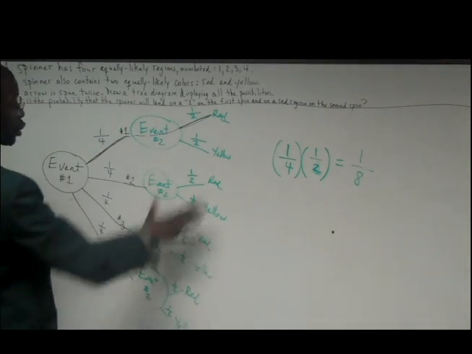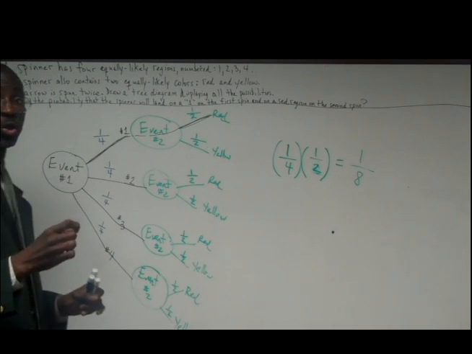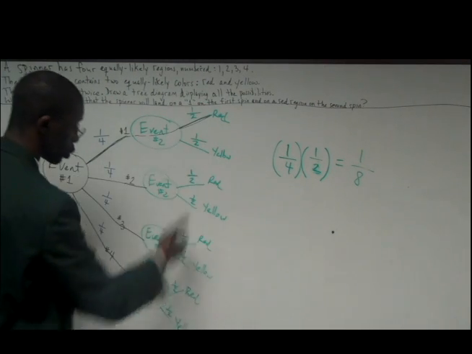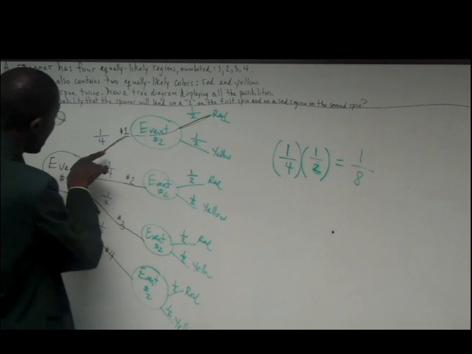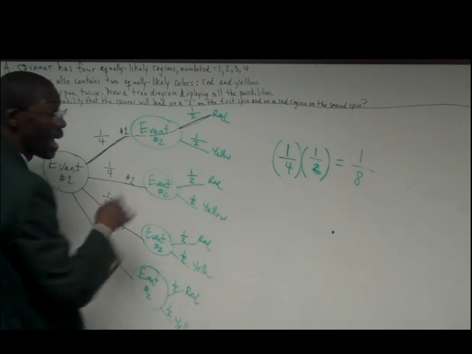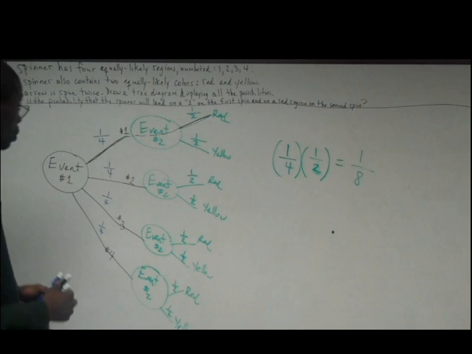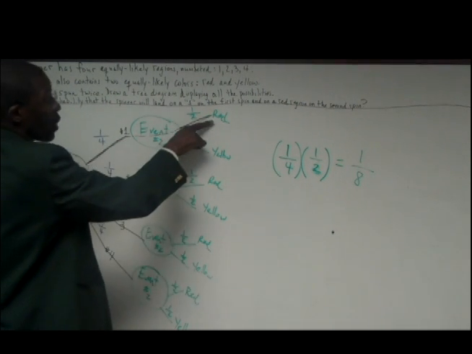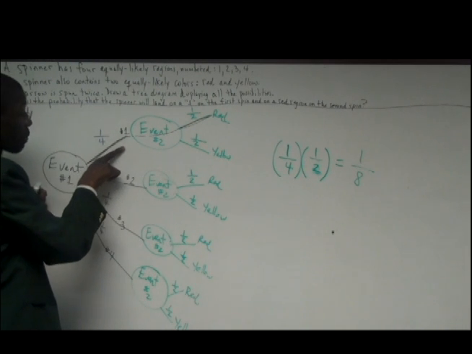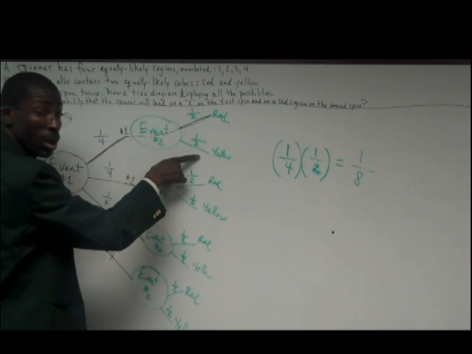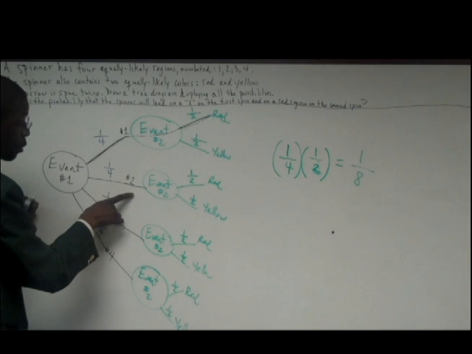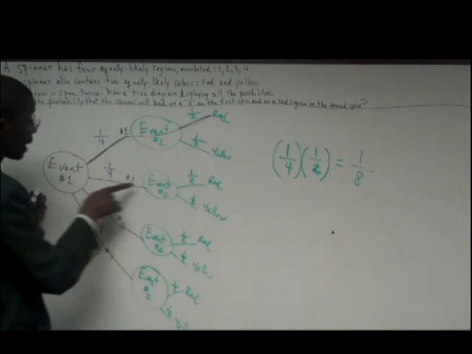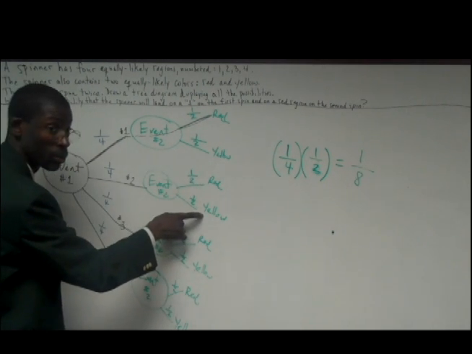But the value of the tree diagram is it allows you to notice your answer visually. So let's check. If this is the one path that we want, how many total paths are possible? Well, not only could I get a 1 on the first spin and then a red on the second, I could also get a 1 on the first spin and then a yellow. Or I could get a 2 on the first spin and then a red on the second. Or I could get a 2 on the first spin and then a yellow.